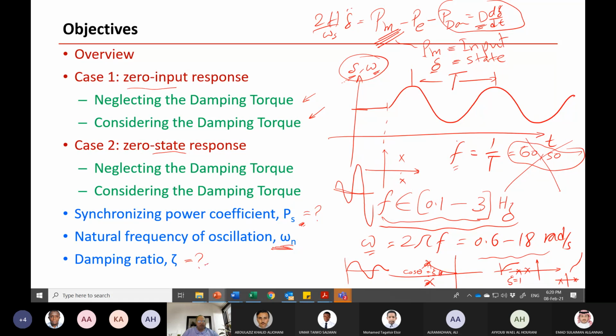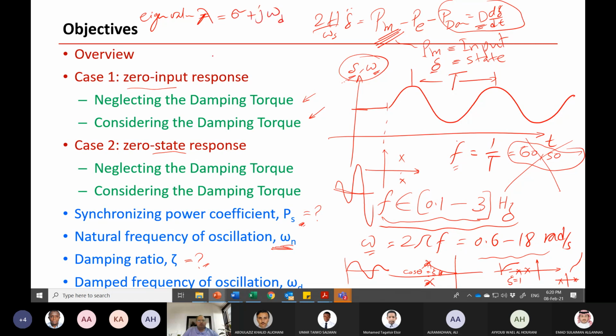So we will define the damping ratio, how much damping the system has, and also the third one, which is the damped frequency of oscillation, omega d. You can relate it when you have an eigenvalue lambda equal to sigma plus j omega.